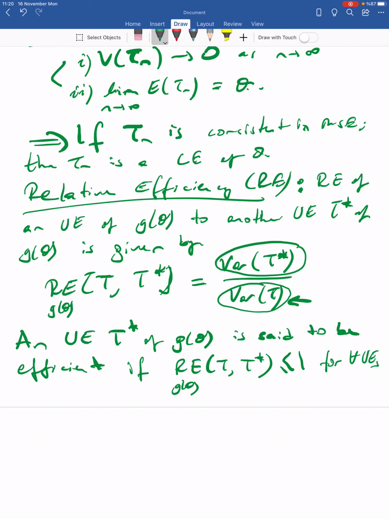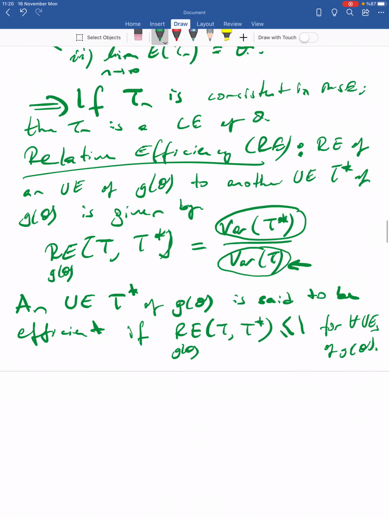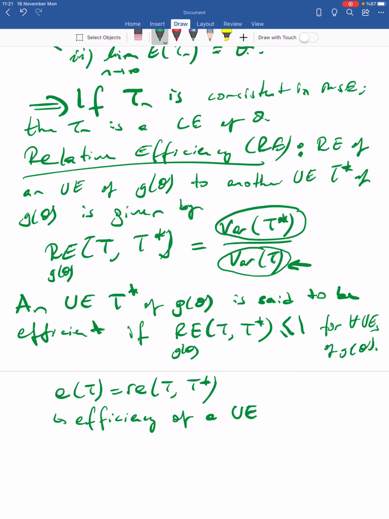Sometimes we use the ET notation to represent that, sometimes this notation, or just capital efficiency. It can be another estimator, not just the unbiased estimator actually.